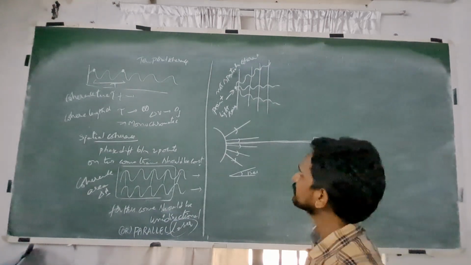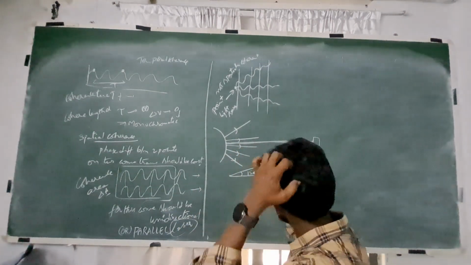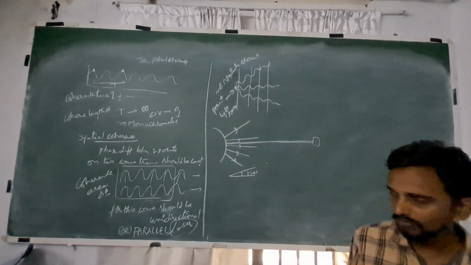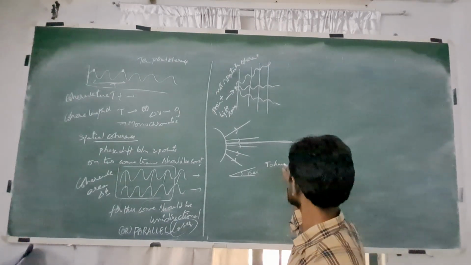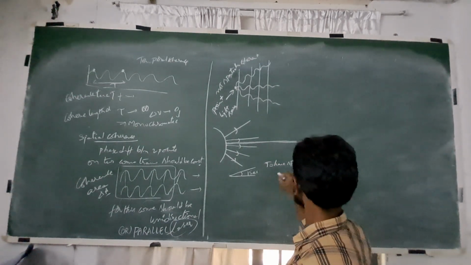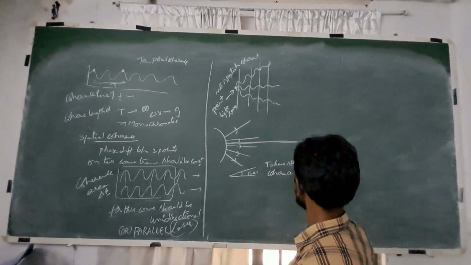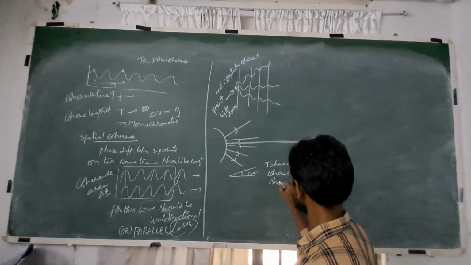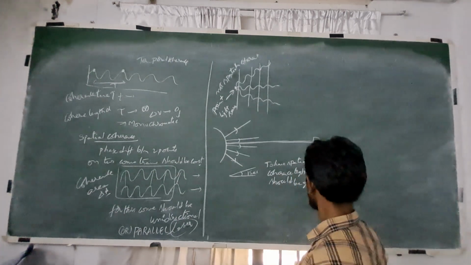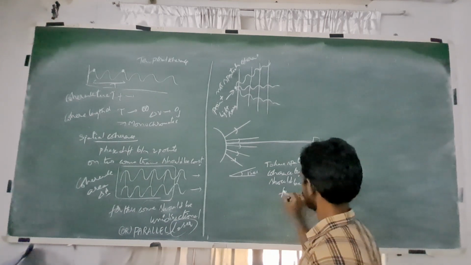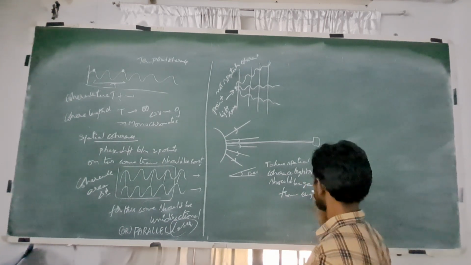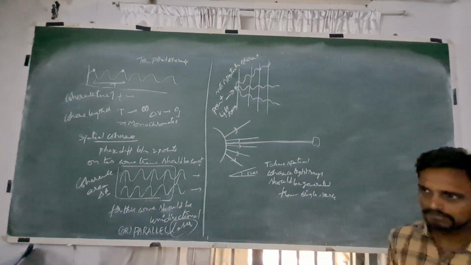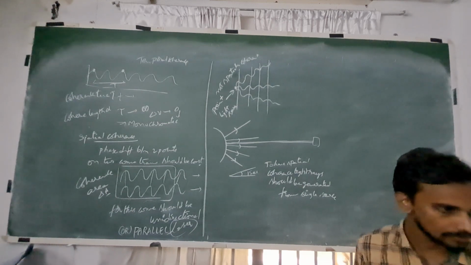So to have spatial coherence, the light rays should start from a single source or two closely separated sources.